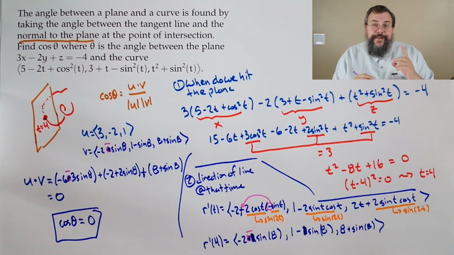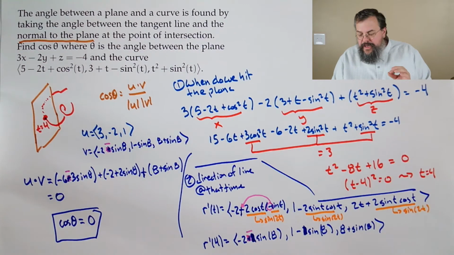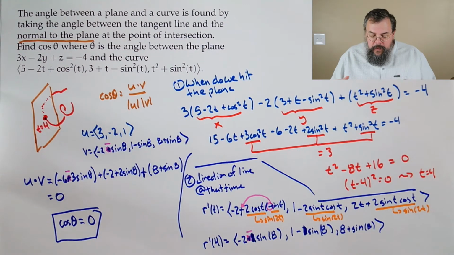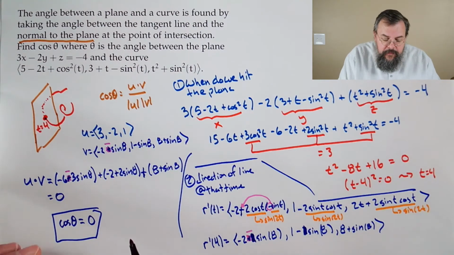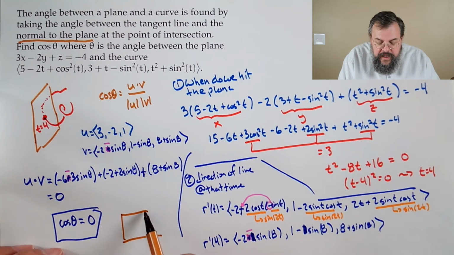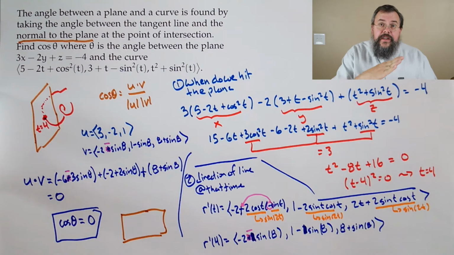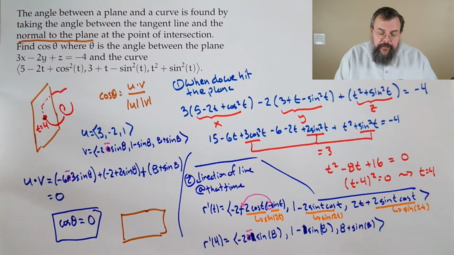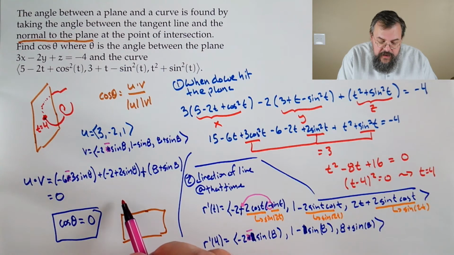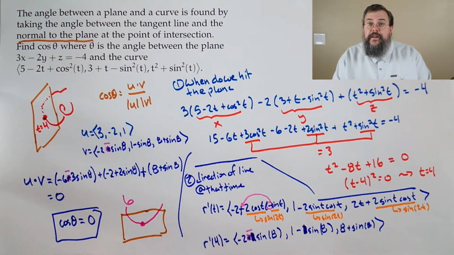Now, how does that fit into the picture? Well, it tells us that something interesting is happening here. Most likely, we'd have to dig a little bit deeper, but most likely what's happening is the following. Since the tangent line has to be perpendicular to the normal vector, it means that the tangent line's in the plane, which really says that our curve, which is coming here through space, probably just bounces off of the plane.